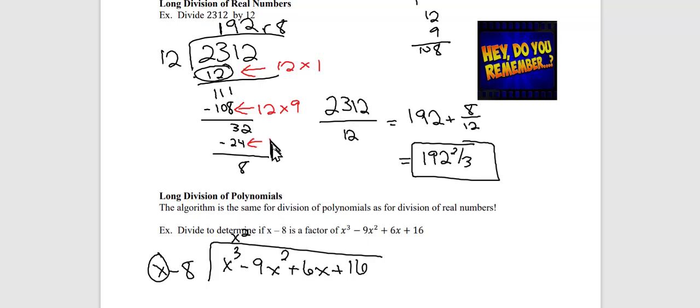This 24 came from multiplying 12 by 2, which is what I wrote up above. So what I write down below in long division of polynomials is the product of what I have over here and what I wrote above. Just like up here, the product of 12 and what I wrote above is what went down.